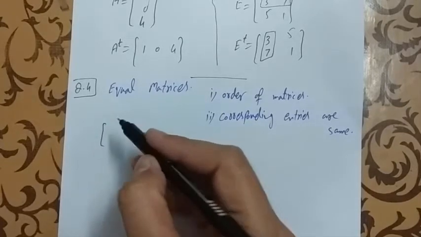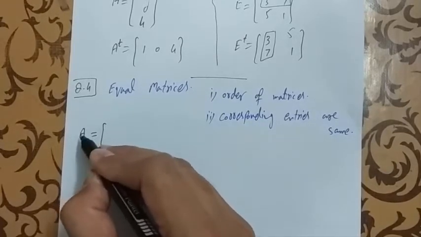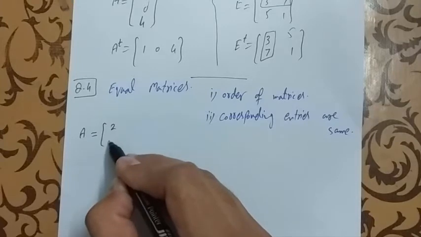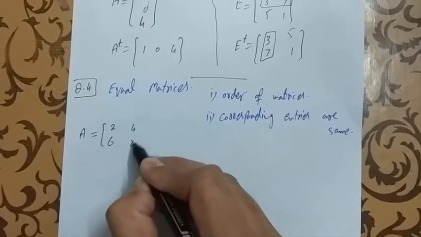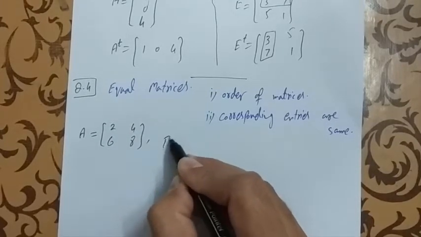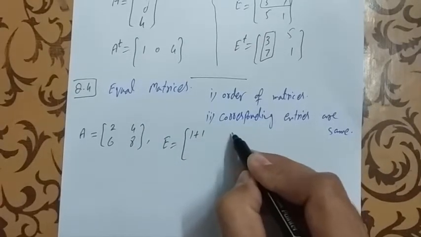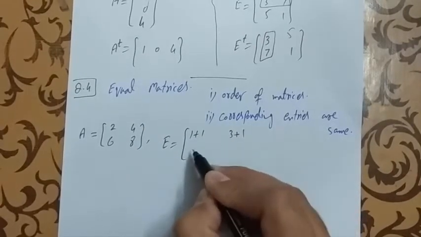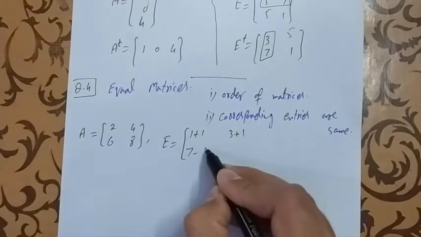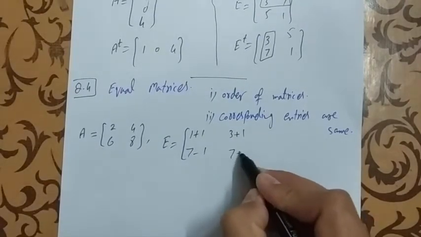Students, this problem is given in Dr. Numan Khalid's book. A is 2, 6, 4 and 8, and E is also given as 1 plus 1, 3 plus 1, and 7 minus 1 and 7 plus 1.